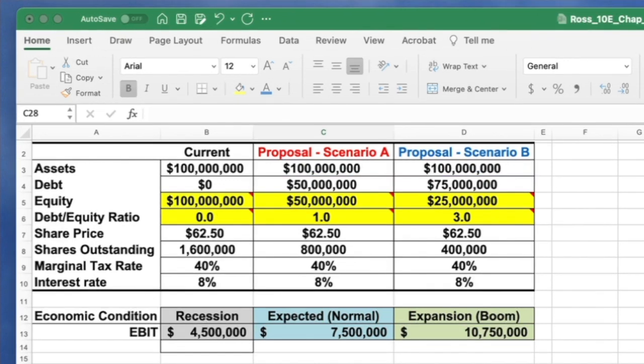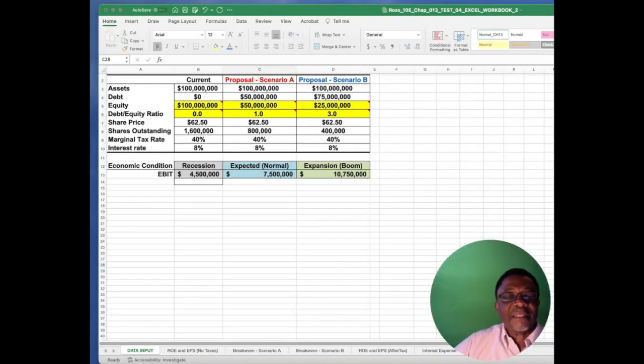Repurchasing those 1.2 million shares at $62.50 apiece used up the $75 million worth of debt that was borrowed. So again, these scenarios are where we have recapitalized.